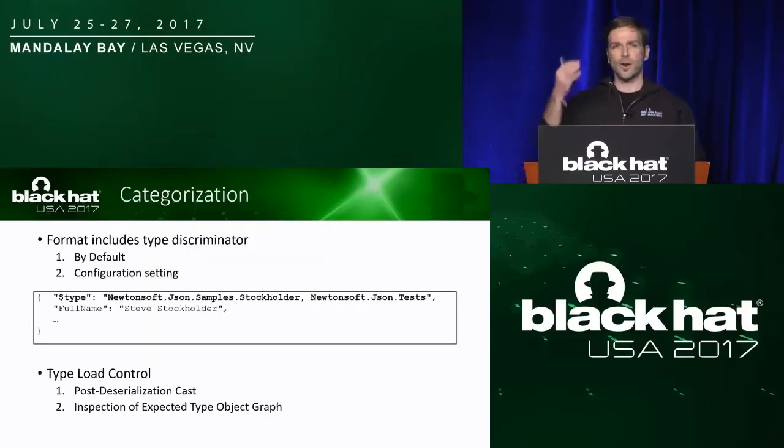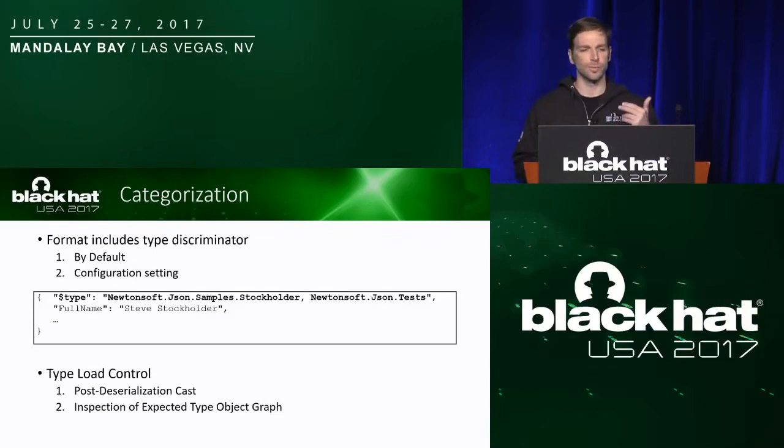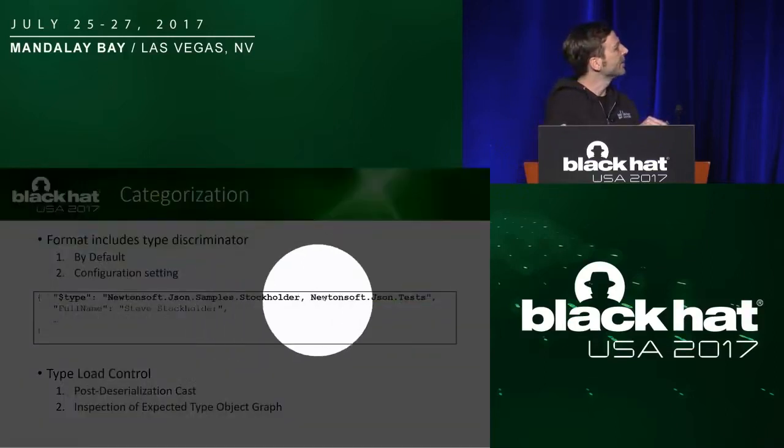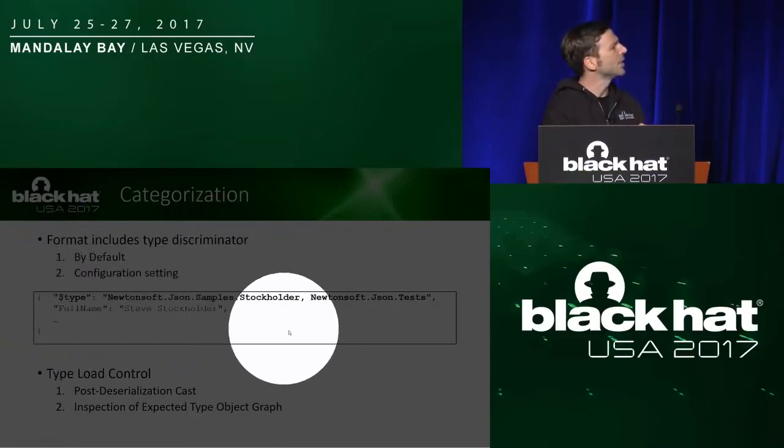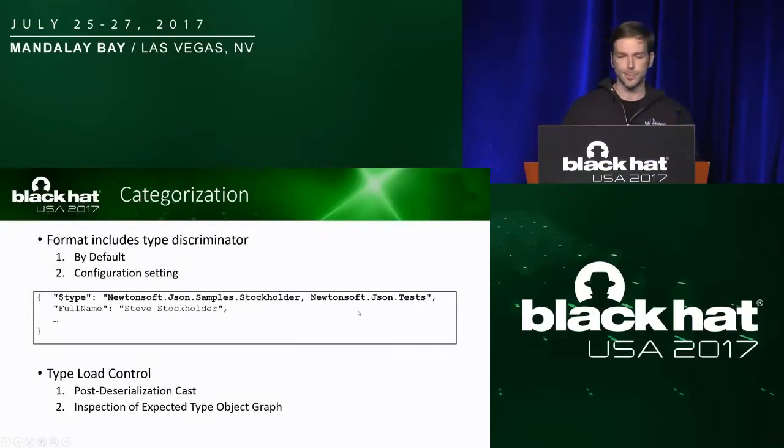So we categorized all the libraries that we analyzed according to a categorization that is basically based on two different factors. The first one is whether these libraries include the format or the type discriminator by default or not. For example, in this case, you can see that this is the JSON.NET library and it contains this $type with something that looks like a .NET namespace.